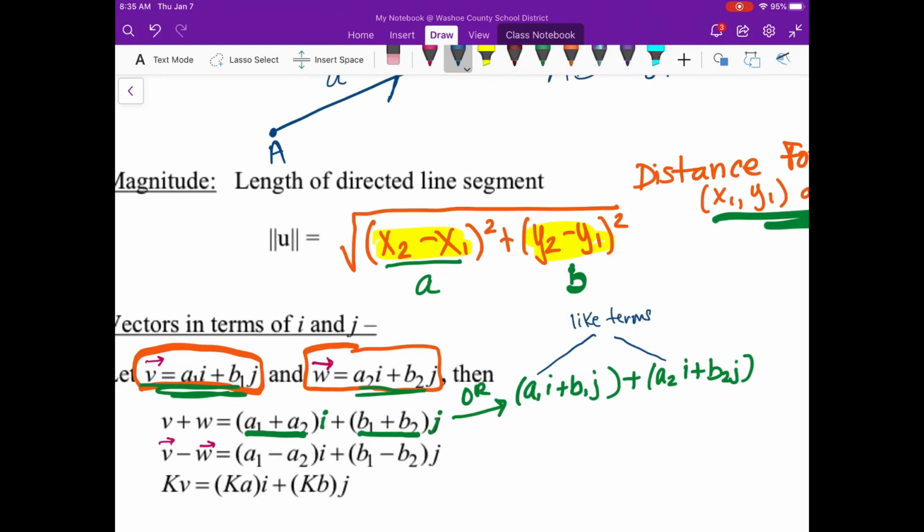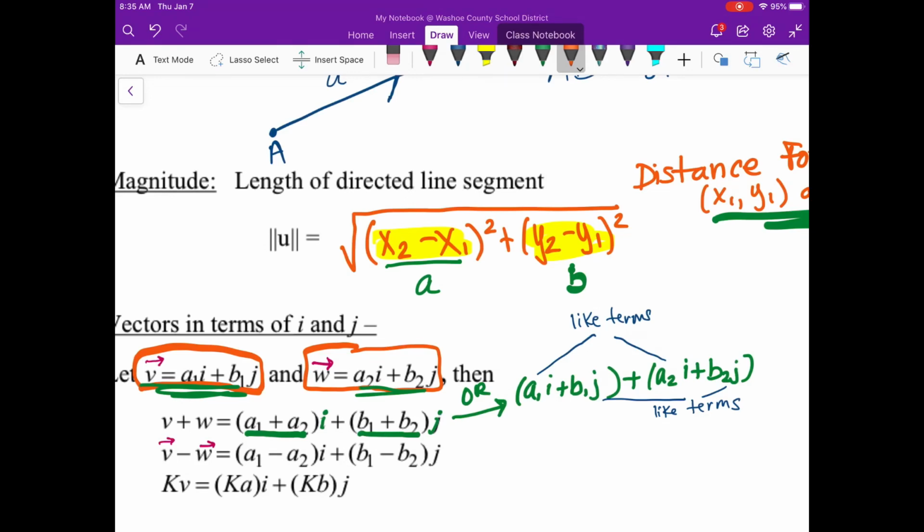So I would take my a's, these are like terms, and then I would take my b's, these are like terms. I would add them up and simplify. Okay, so again, we are going to do some of these examples in a moment. Just kind of wanted you to see that.